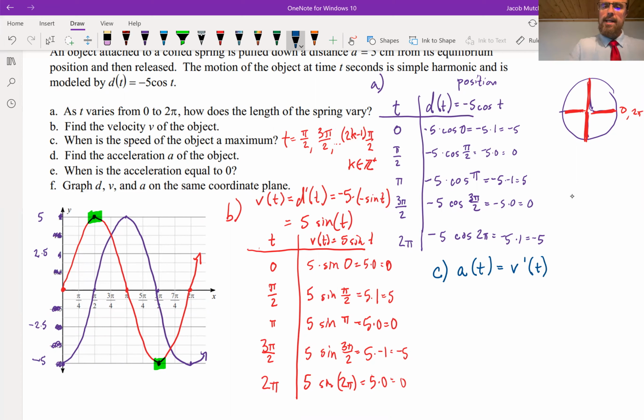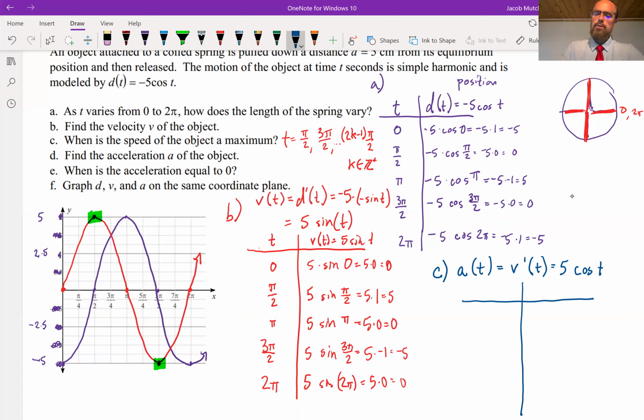So I'm going to take the velocity function, which we just calculated to be 5 sine of t, and take the derivative of that. So that's going to be 5 times the derivative of sine, which is cosine of t. And that's my answer to part D, but then I want to figure out, when is acceleration equal to 0? We'll do that with our last table, our last graph.